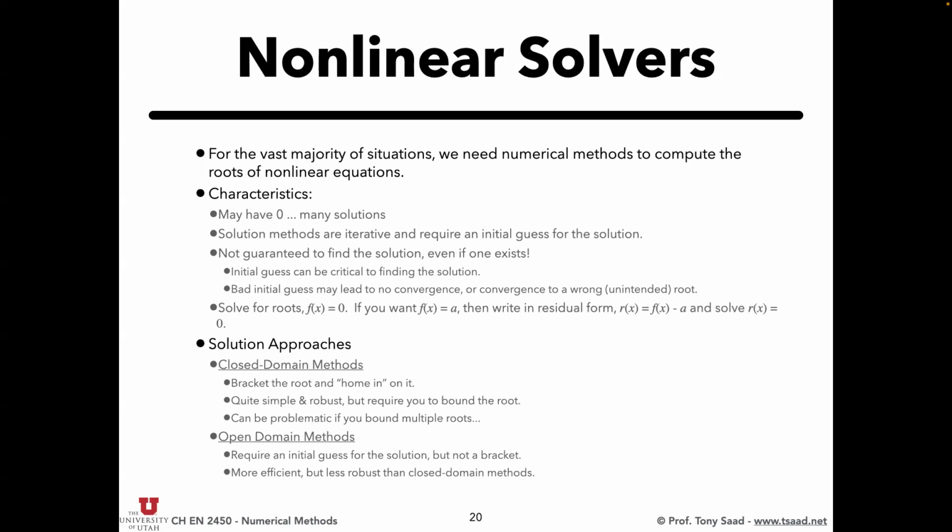You start with one guess, one point, wherever you are, and it tries to find its way to the root, okay? It's that simple. It's very, very efficient, but is less robust than closed domain methods. But in general, it is the method of choice for large scale calculations because we really don't know how to bracket the roots in general, okay?